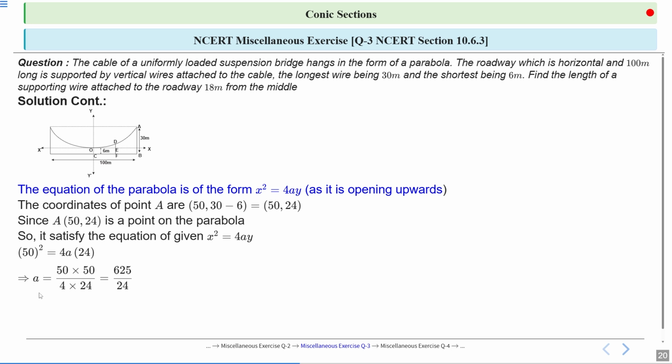And it implies a is equal to 50 into 50 upon 4 into 24. This is equal to 625 upon 24. So therefore the equation of the parabola is x square is equal to 4 times 625 upon 24 into y. Simplify it, then you will get the equation of the parabola is 6x square is equal to 625y.